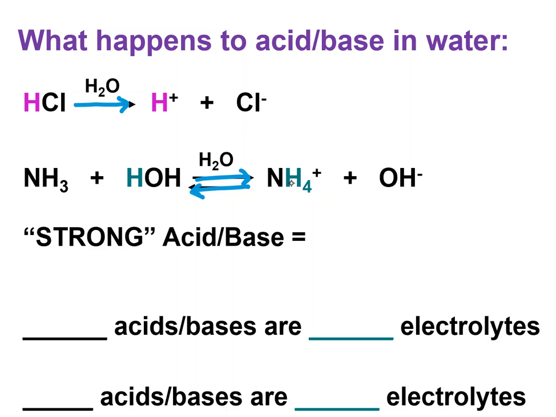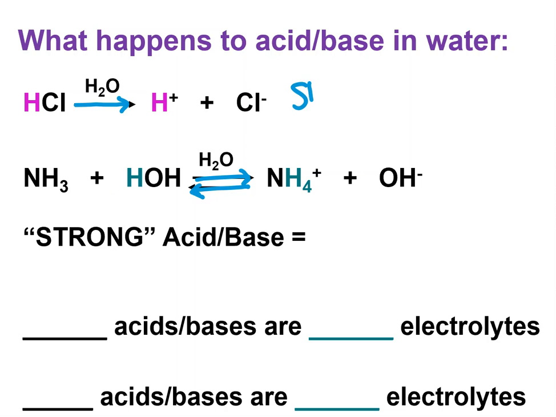So the reaction is going back and forth all the time, which means that at any point in time, you're going to have all four of these species present. That's different than with the hydrochloric acid, because these break apart and stay apart. There's no reversible reaction, so this will be 100% ionized. This will not be 100% ionized because it keeps going back and forth.